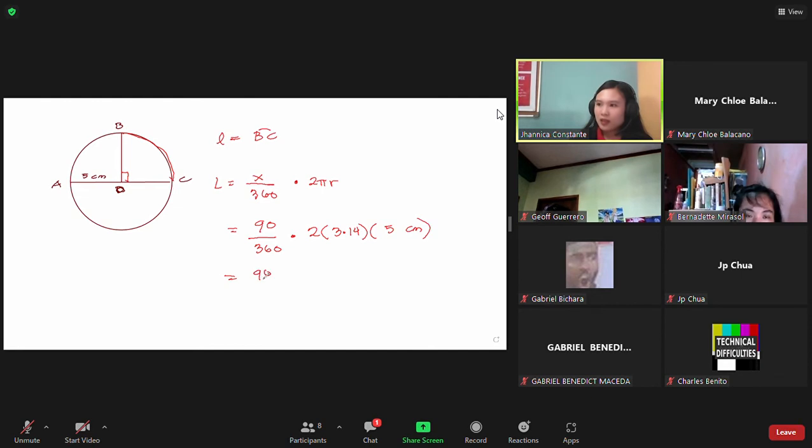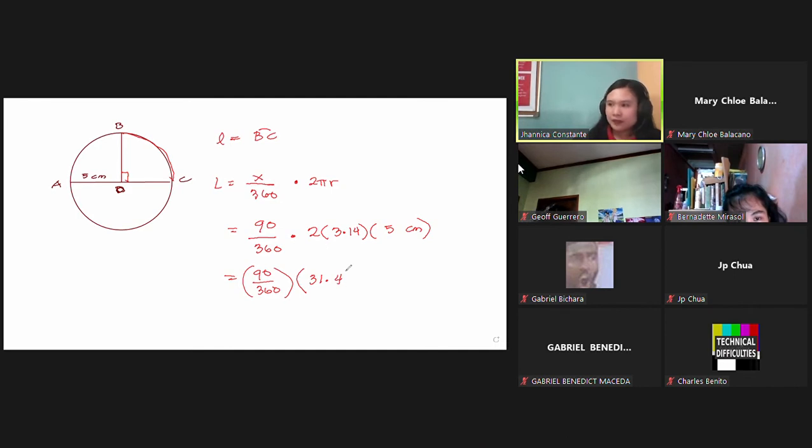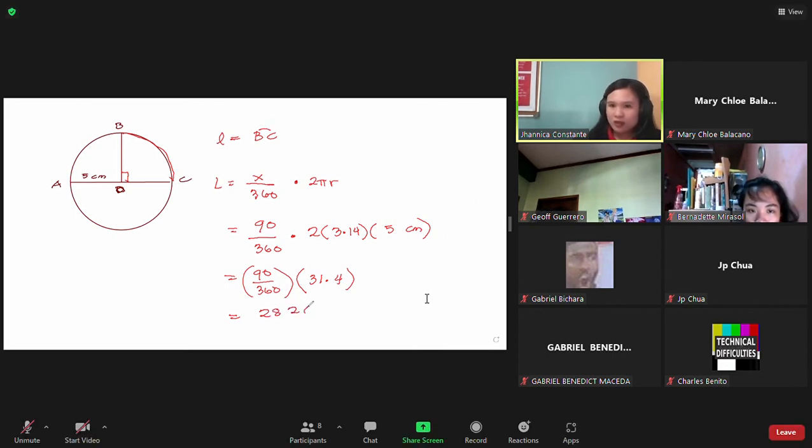So 90 over 360 times the product of 2 times 3.14 times 5, which is equal to 31.4. So 31.4 times 90 is equal to 2,826 divided by 360.